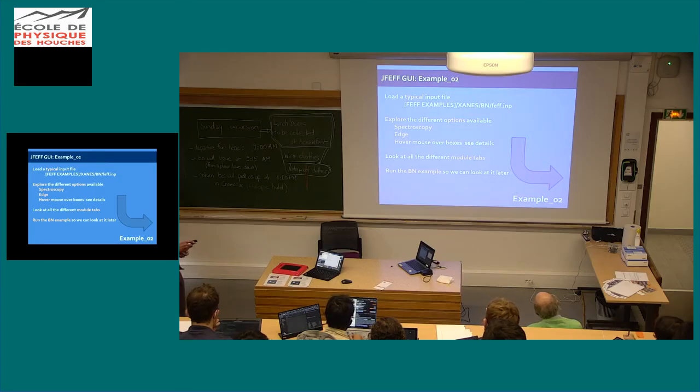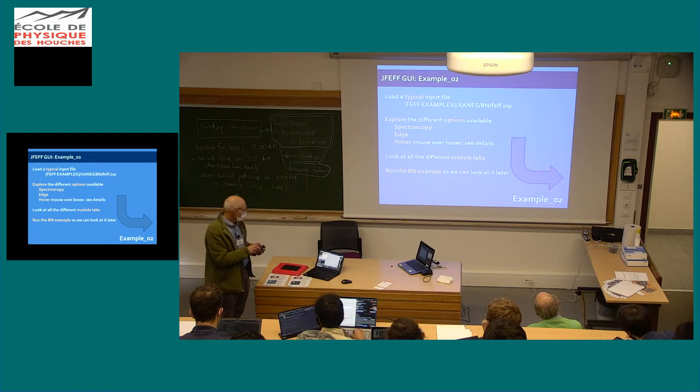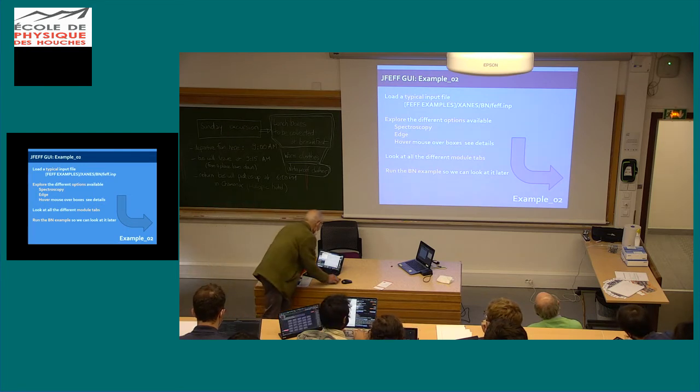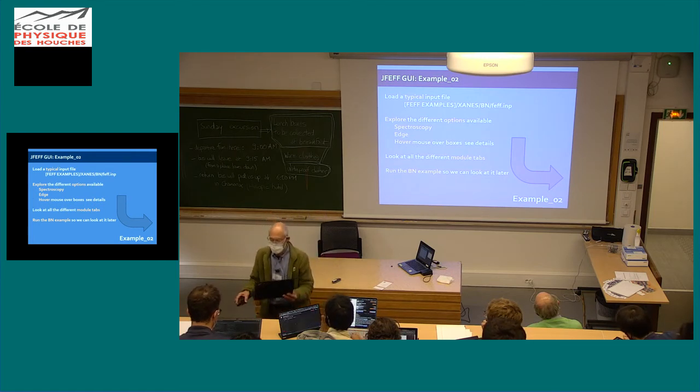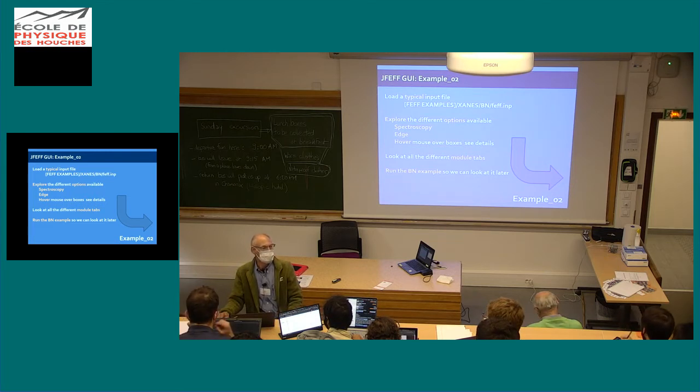Okay, so we loaded this, and then you can look at the various features. And by the way, if you go to the graphical interface and hover your mouse over the XANES, the 4.0, you'll see that it tells you what that variable is.